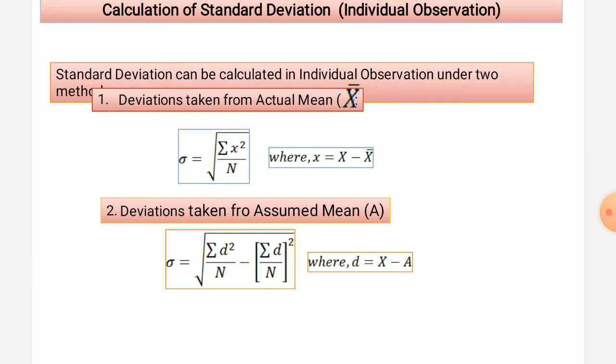Another method for calculating standard deviation is deviations taken from the assumed mean.